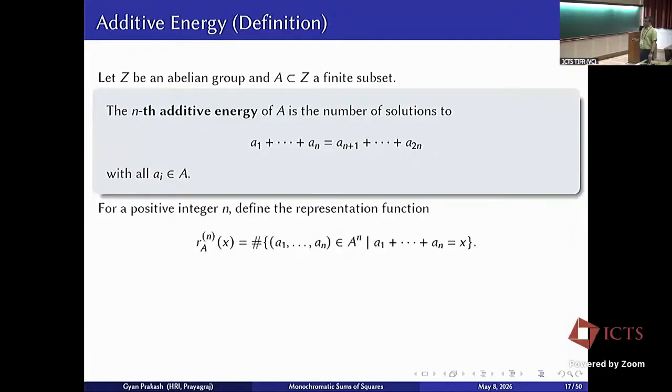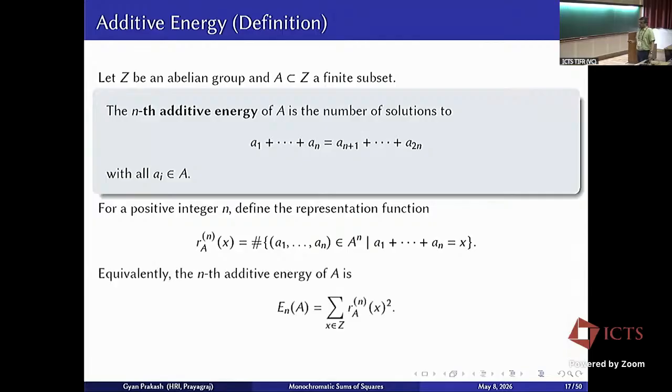So now we will rewrite this in a slightly different manner. Let me define R_{A,n}(x) to be the number of n-tuples in A such that their sum is x. Then you can see that the additive energy is nothing but the sum of R_{A,n}(x) squared.